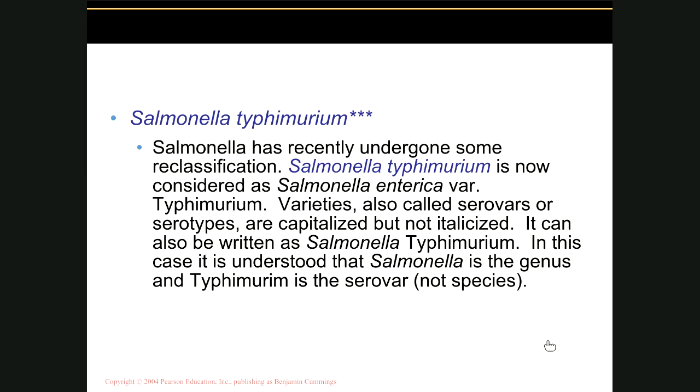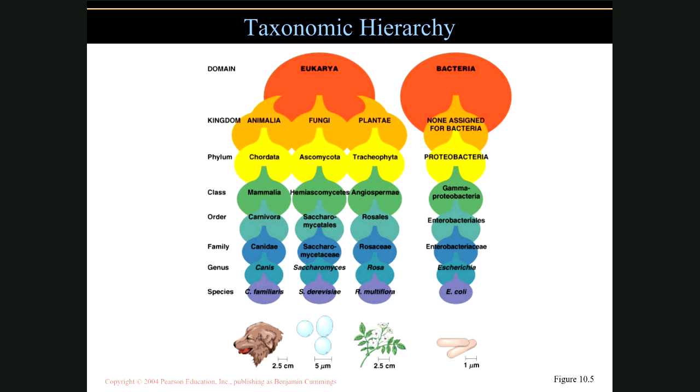When I first started working here, Enterococcus faecalis was called Streptococcus faecalis, but it got reclassified. So names do change. Organisms do get reclassified, especially as we learn more genetic information and realize that they should be put into different groups. So classification is frequently changing.